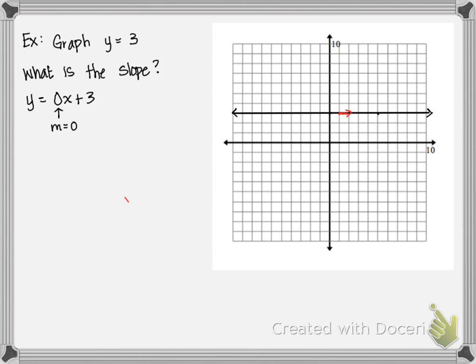Nothing. It doesn't change at all, right? It changes by 0 units. So when we move to the right 1 unit, that gives us a 0 unit change in y.